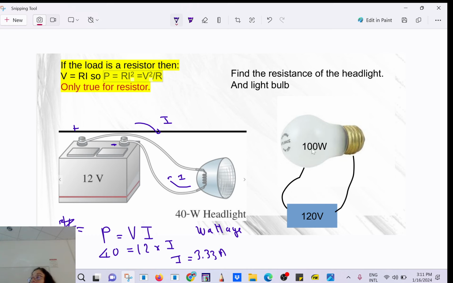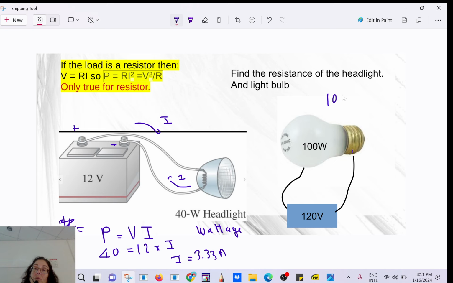You have a 100 watt light bulb. Okay, so it's going to be a very bright light bulb. It's very hot. Plus, it's the old light bulb. It has been phased out. It's the incandescent light bulb.